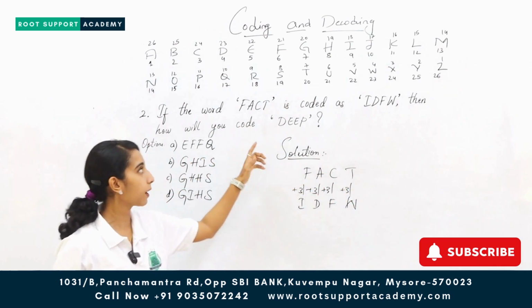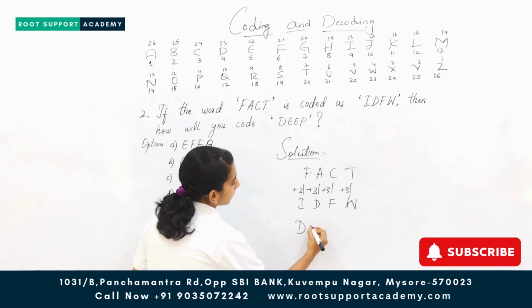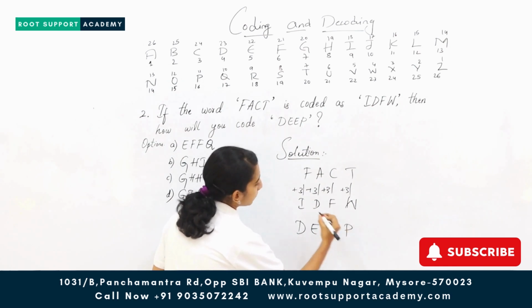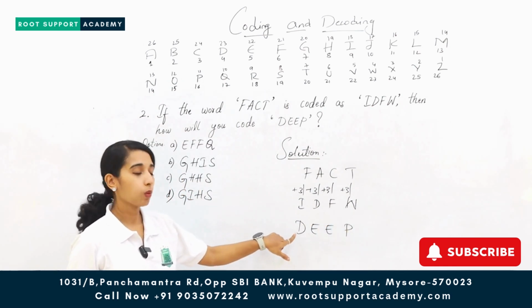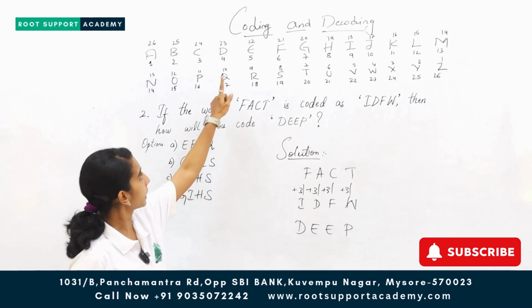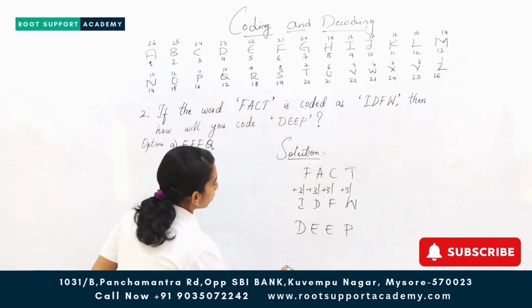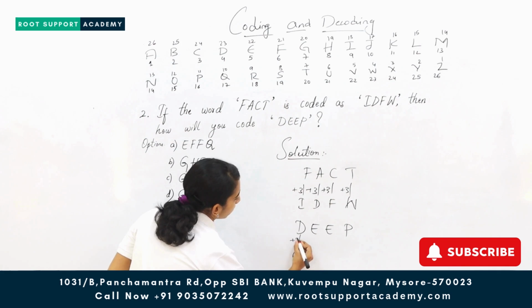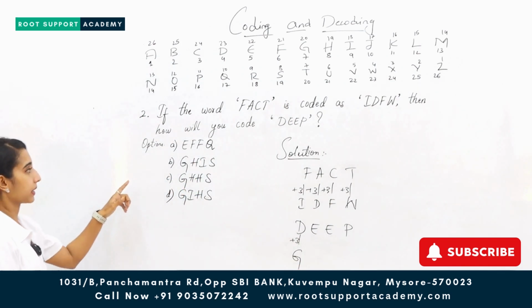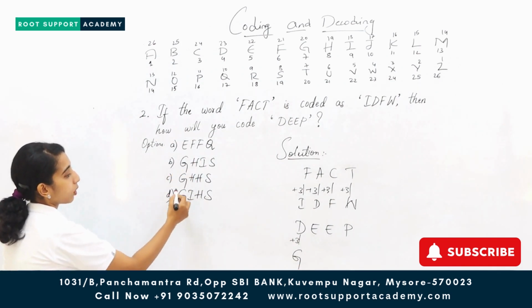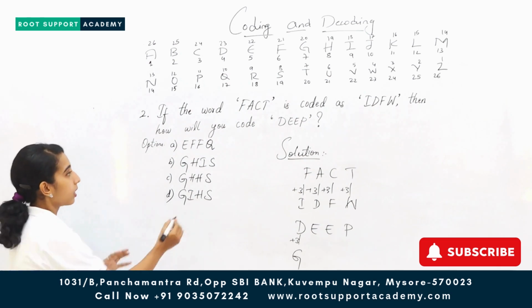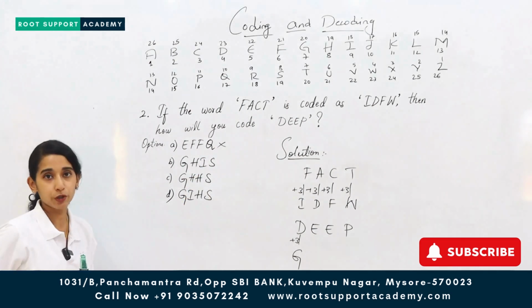Using the same one, we have to find out for deep. D-E-E-P, deep. So, what do you get? D +3, 1, 2, 3, you get G. If you come back and see the options, these are the three options where you have G. So you can easily eliminate the first option.